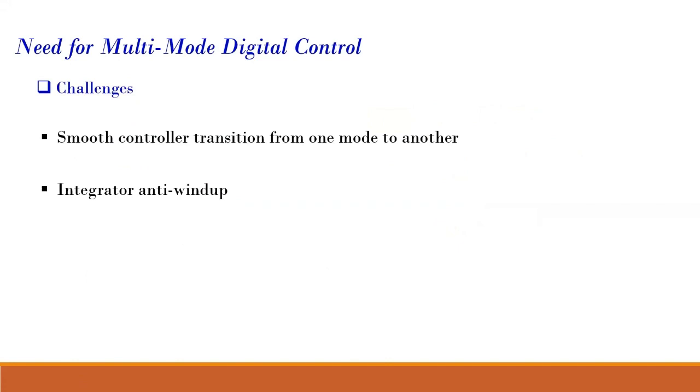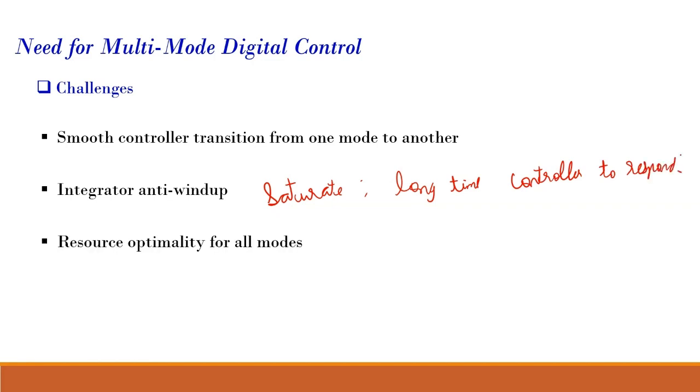When there's an integrator, sometimes the integrator can saturate, and when it saturates, it takes a long time for your controller to respond. To avoid that, there are integrator anti-windup techniques.